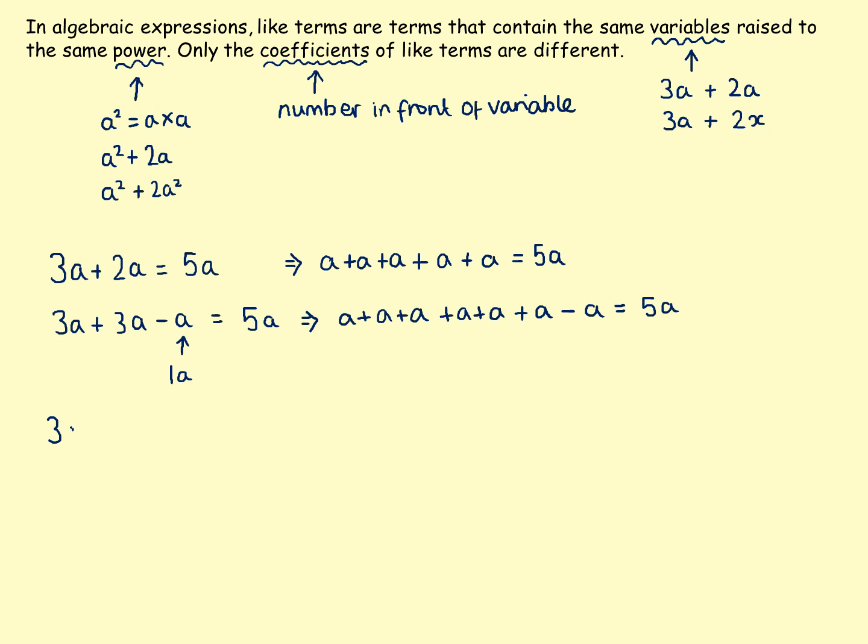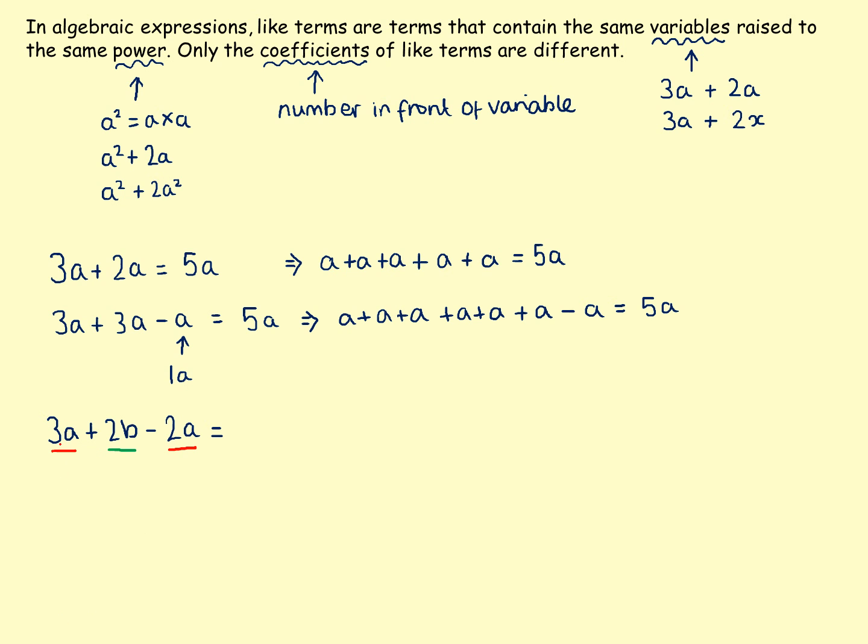What about something like this? 3a plus 2b minus 2a. Now this is where we've got to start being careful because we've got two different variables here. We've got a and a there, and then we've also got a b there. So remember, we can only collect like terms, the terms that have the same variables in them.